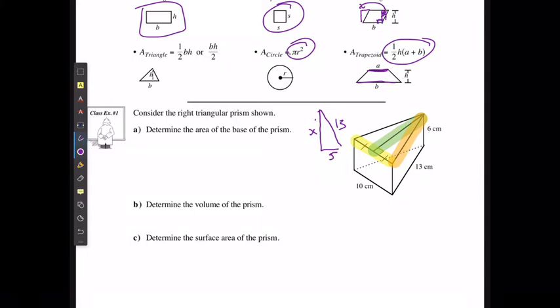So x squared is going to equal 13 squared minus 5 squared, which means that x squared is going to equal 144, where x is going to equal the square root of 144, or 12.